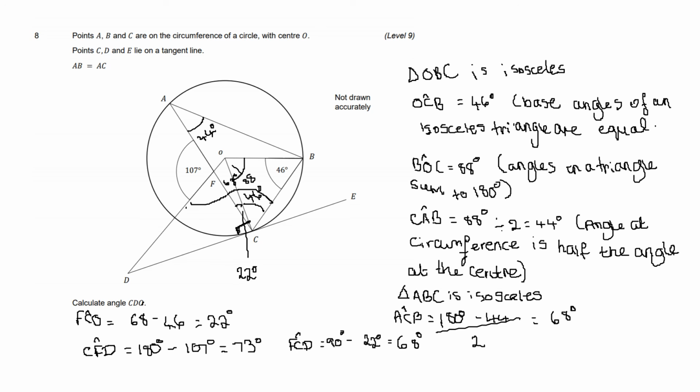And then, because the angles in a triangle add up to 180, we can find CDO by doing 180, take away the 73 and the 68 that we already know, and that will give us 39 degrees.